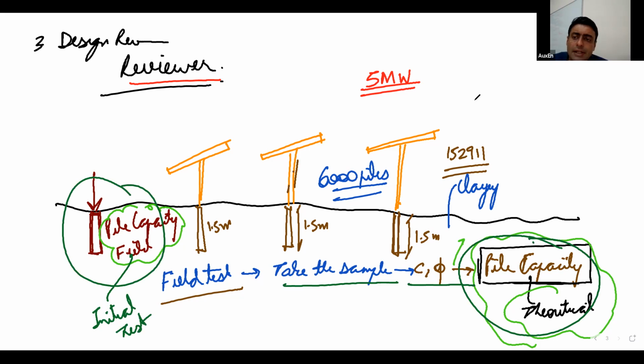Now these tests were done in the month of monsoon. So this testing was done in the month of monsoon. All right. Now in the month of monsoon, please try to understand that your water table is high. As I just explained, this was done in the month of September or October, just after monsoon.